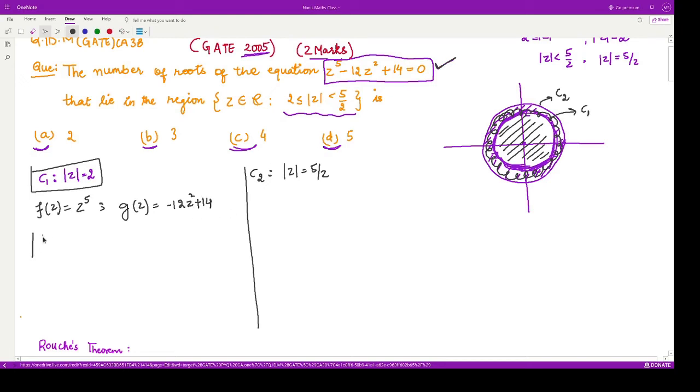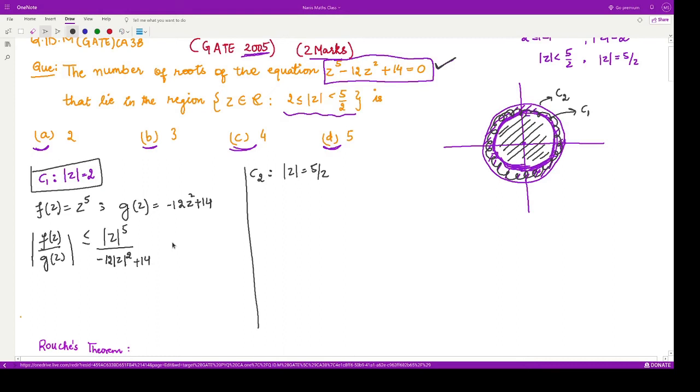So if I evaluate the modulus of f of z divided by g of z, that would be less than or equal to the modulus of z raised to power 5 over the modulus of minus 12 z square plus 14.